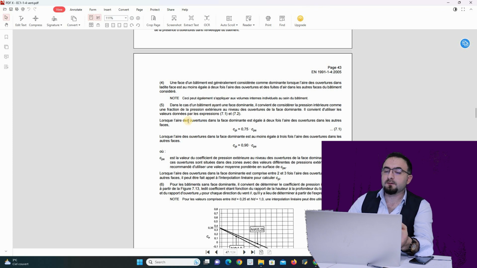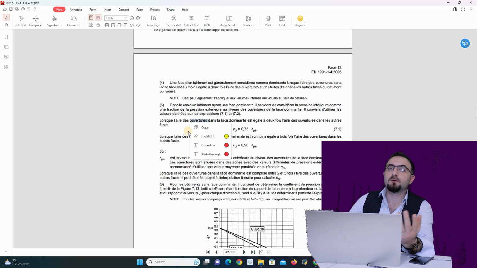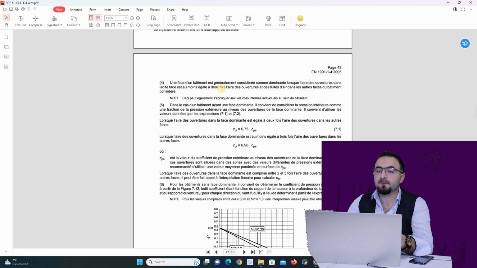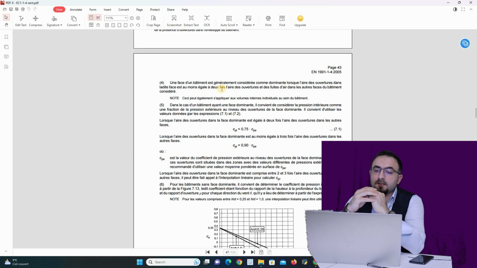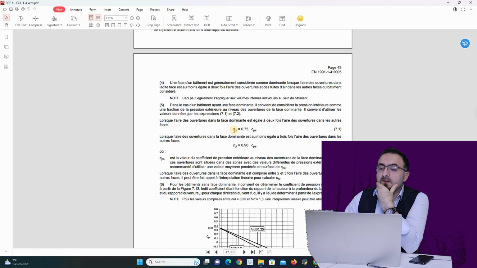If we have an open zone, for example a window in the wall, we have to calculate the surface of the window in the wall, and work out what percentage this surface is of the global surface of the wall. With this number we can choose how to define the interior pressure according to the exterior pressure.